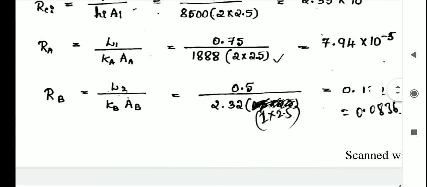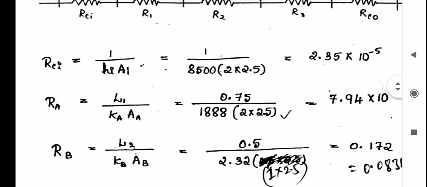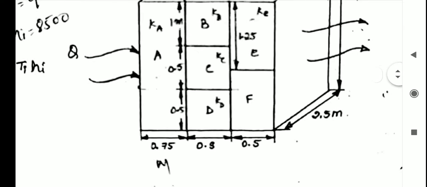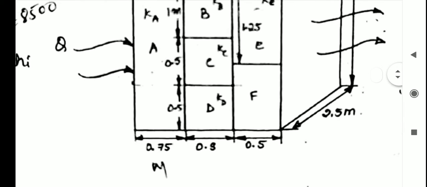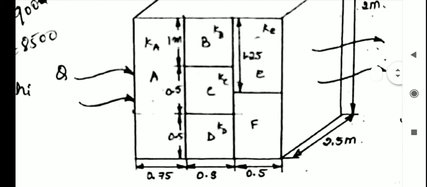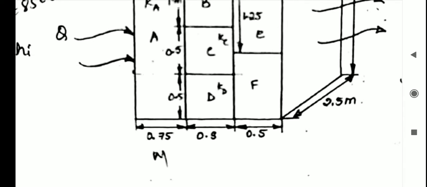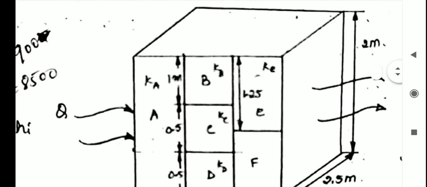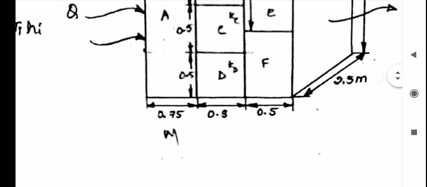Coming to material B, L2 divided by K2 into A2. Here the thermal conductivity is different, the length is different, and the area is different. So the area is 2.5 into 1 meter for B, for C material 0.5 into 2.5, for D material 0.5 into 2.5, for E 1.5 into 2.5, and for F it is 2 minus 1.25 into 2.5.